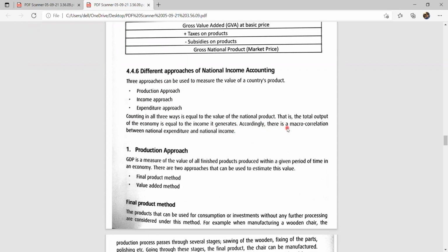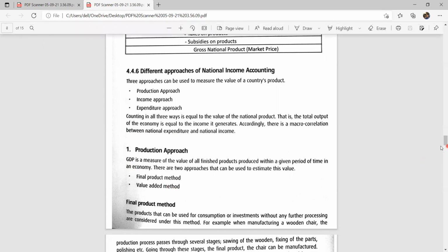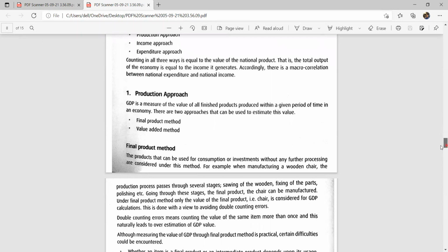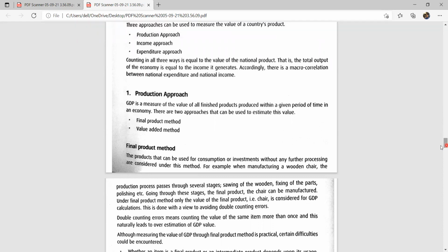Accordingly, there is a macro correlation between national expenditure and national income. First of all, the production approach. In the production approach, primary, secondary, tertiary sector values are added.